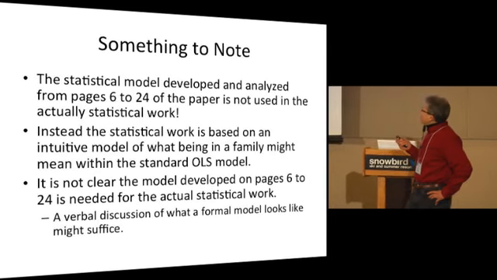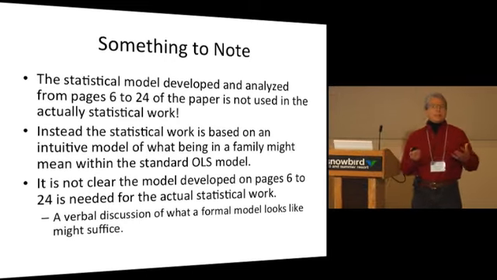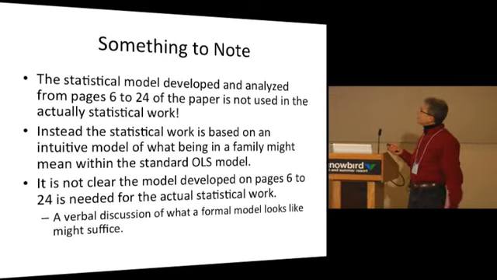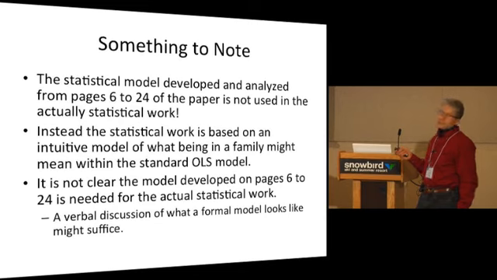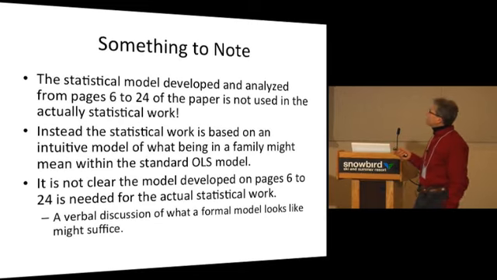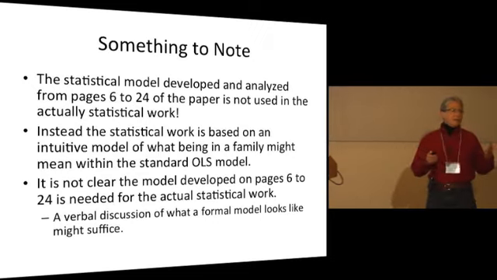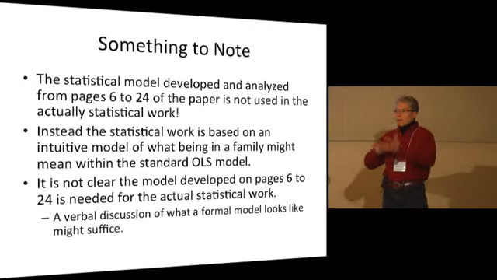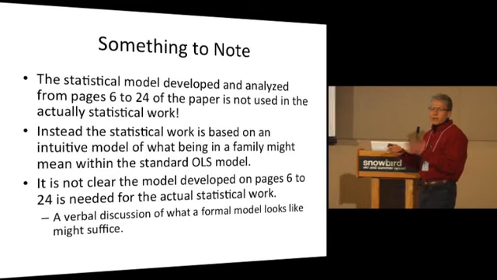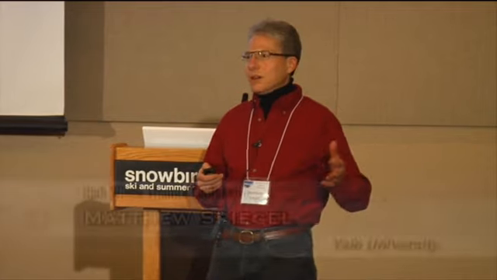So here's where I kind of think that the paper needs work. The statistical model developed and analyzed on pages 6 to 24 is not used in the actual statistical work. Now, it seems to me that going through all that trouble to develop that really extensive statistical model, which is a nice way of looking at the data, they ought to drop the factor model stuff and just apply the statistical model straight in and see what they get.